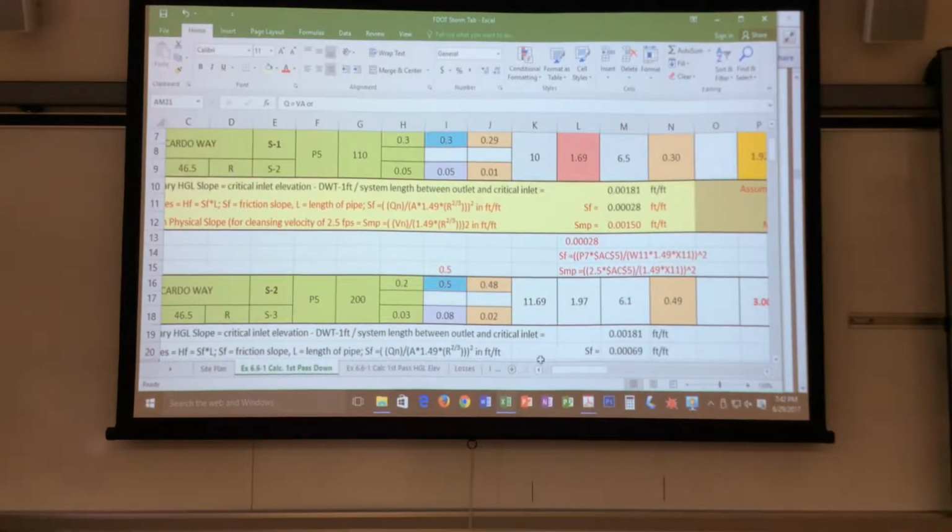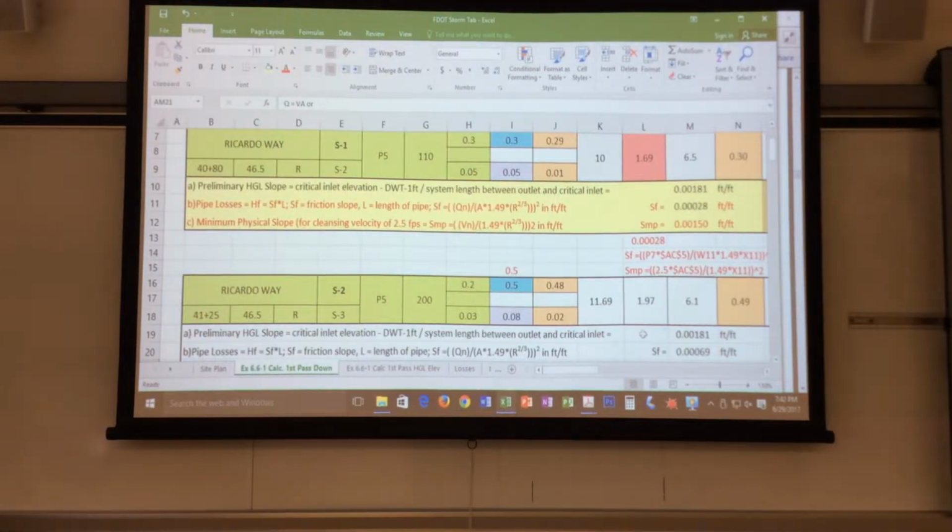Now, the next part is what we're actually looking at is it has to have a minimum physical slope though. The pipe has to be at a certain slope that it carries a velocity of 2.5 feet per second. So remember, Q equals V times A, velocity times area, but we said the velocity of Manning's equation is that 1.49 over n and so on.